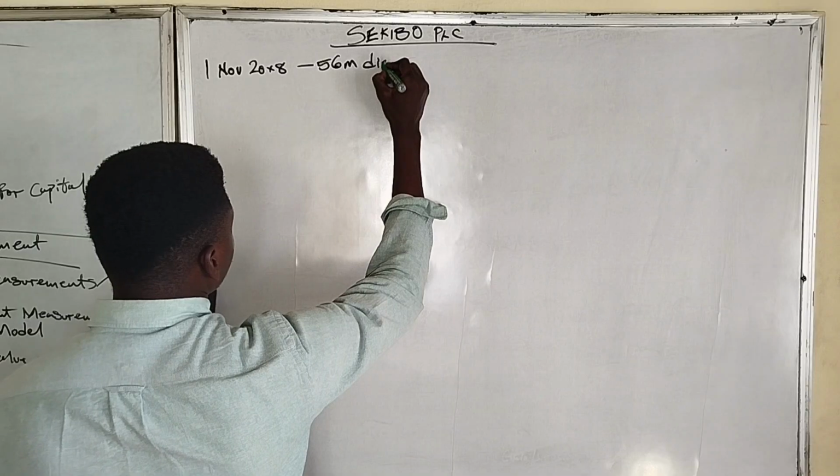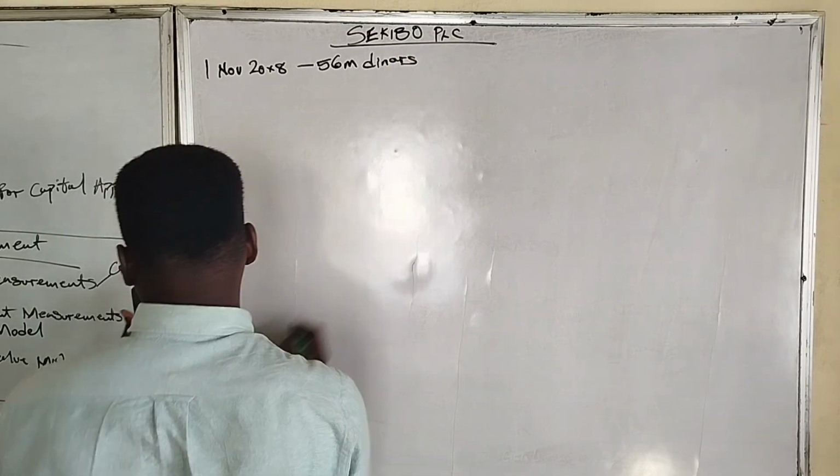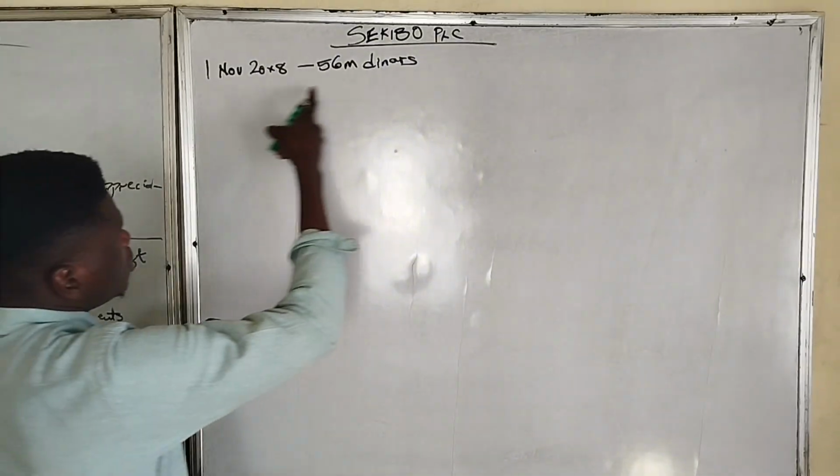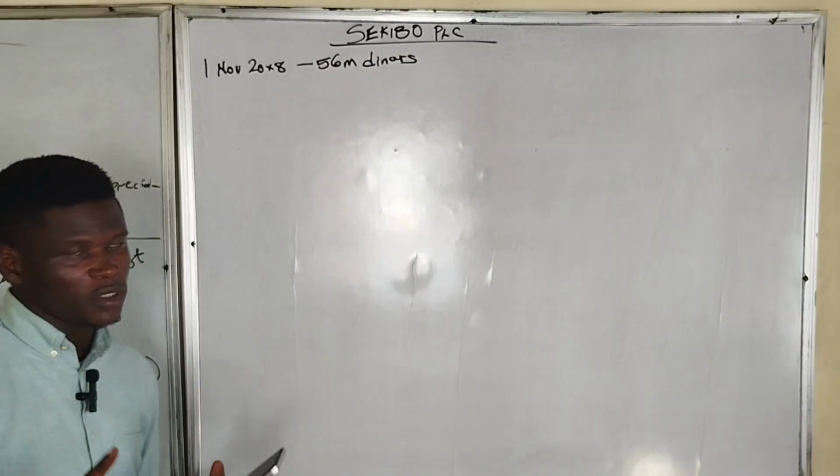So as at 1st of November, the value of this investment property is 56 million dinars.